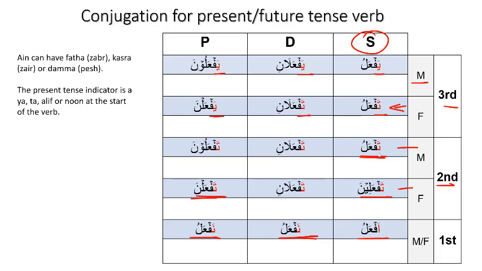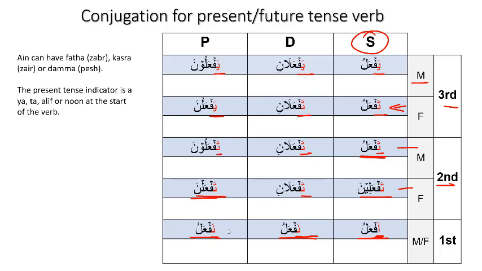With second person, the present tense indicator is always a ta. For first person singular, we have alif. So just think that alif looks like I. So first person singular has alif as the present tense indicator, and noon fatha is the present tense indicator for first person dual or first person plural.